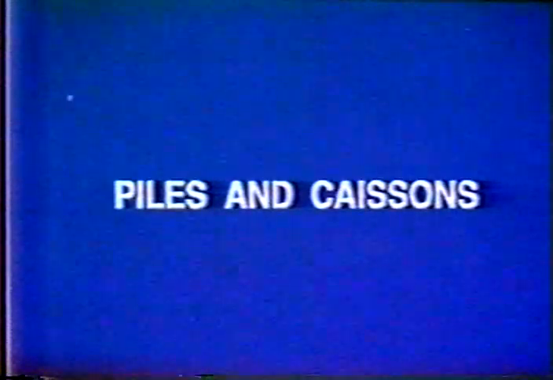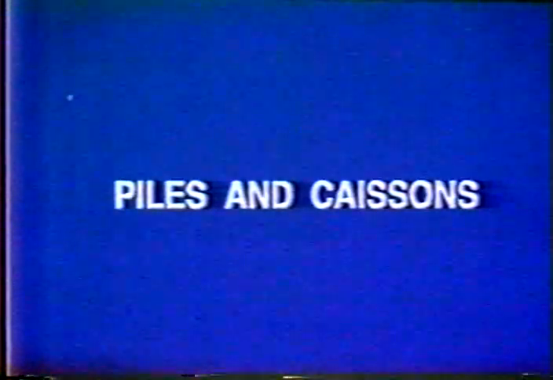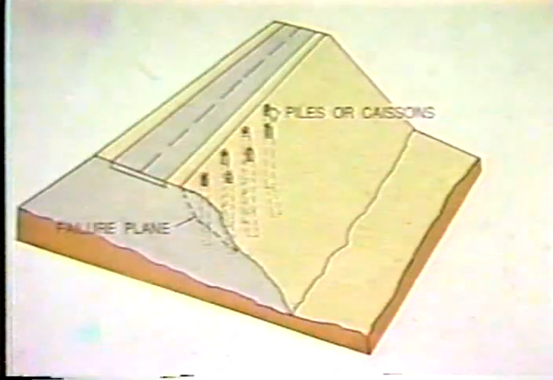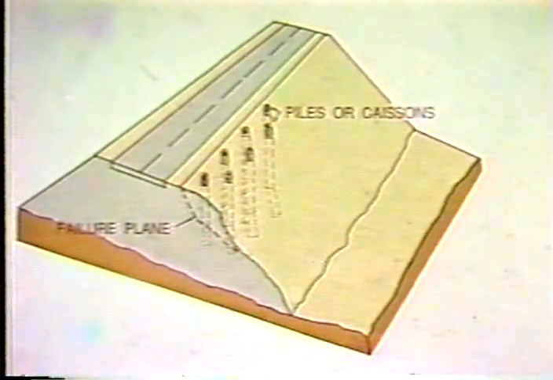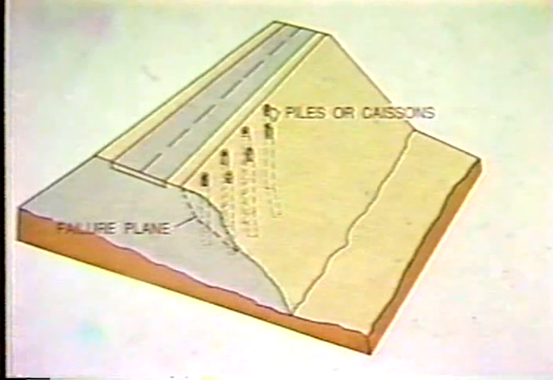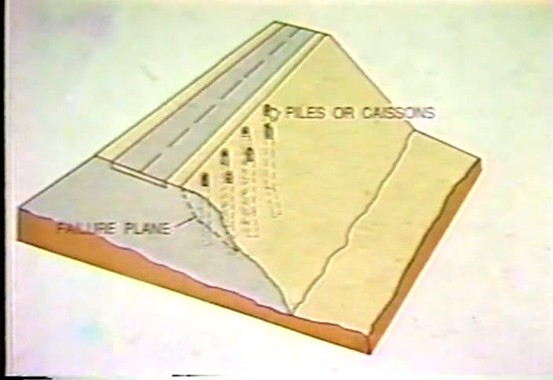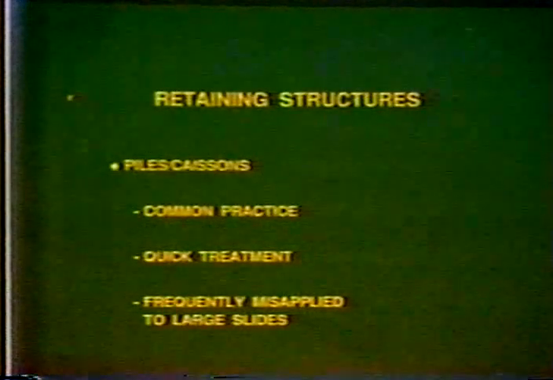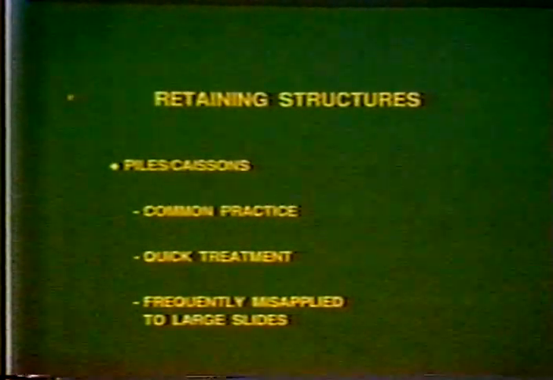Okay, let's turn to another type of system that could be used to repair a small slide, piles and caissons. This has been used quite often in landslides. Basically, the concept here is driving or drilling in piles, which may be wood or steel or whatever, and putting the piles in rows.